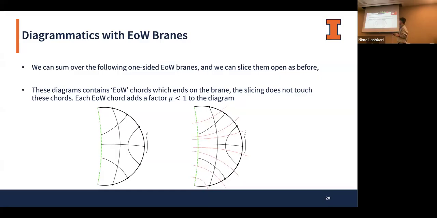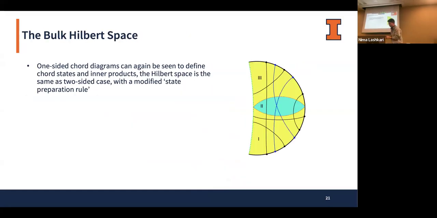I will reach this point later, but you can indeed define a state corresponding to this, which we will use later, and you can do this slicing. You can also slice the diagram in this way to define the inner product, and it turns out that the inner product is the same as the inner product defined for the two-sided case before.